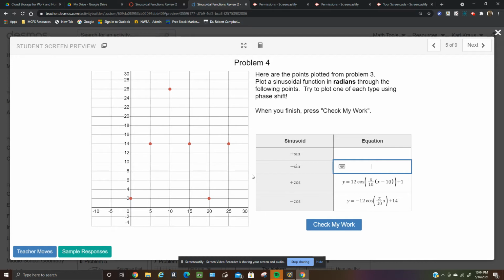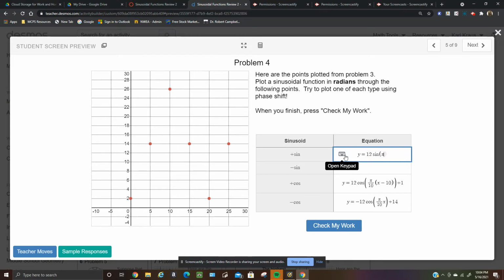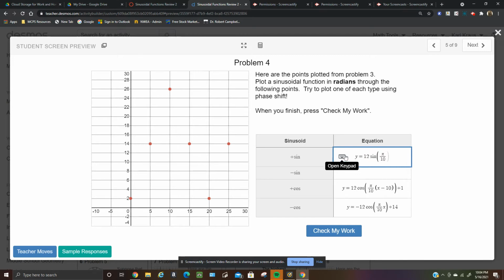And then the sine curve. If I start right here, it's a positive sine curve. So y equal 12 sine pi over 10. I'm starting at 5, so x minus 5, plus 14.